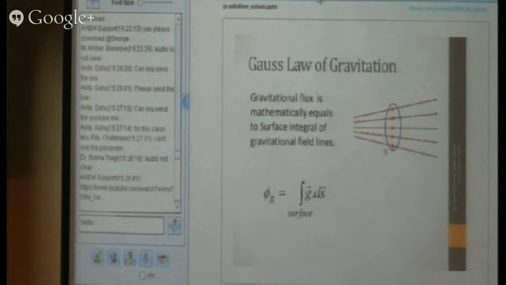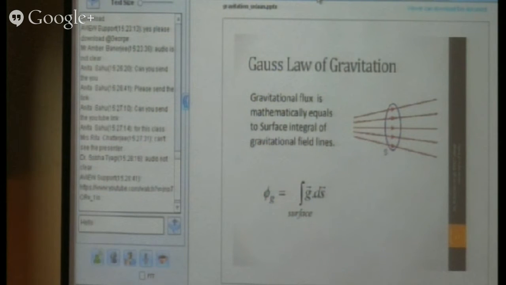There's a law. But before I go for this Gauss law, I would like to explain one term which is called the gravitational flux. See, this blue is a circle or a closed loop, and many gravitational lines are passing through it, right? Can I think of a quantity which will tell me how many lines are passing through it in total?